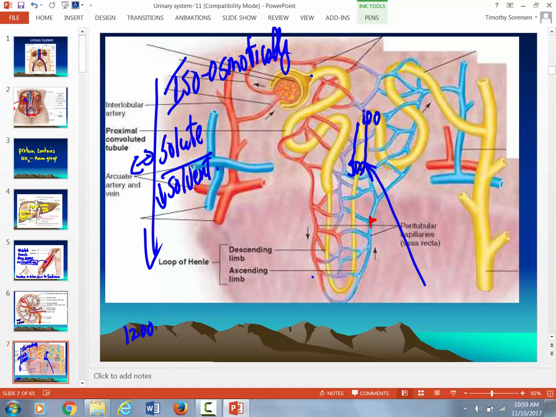Are you with me? So this is important. I'm going to take it real slow. In the distal convoluted tubules, this is where hormones take effect.